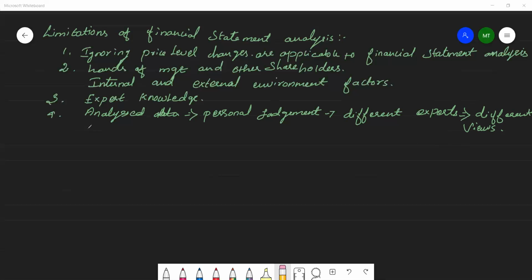Next one is tools of financial statement analysis. So what are the tools? There are different types of tools. So enna different tools அப்படினு சொல்லிட்டு பார்க்கலாம். There are 5 different tools வந்து follow பண்றாங்க. So அது என்னென்ன tools அப்படினு பார்க்கலாம்.